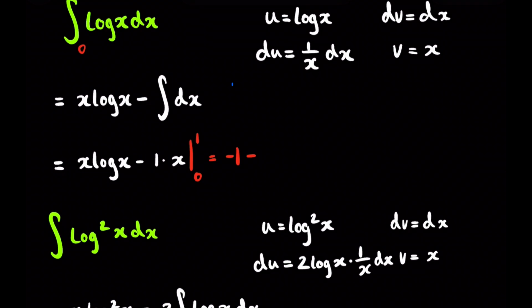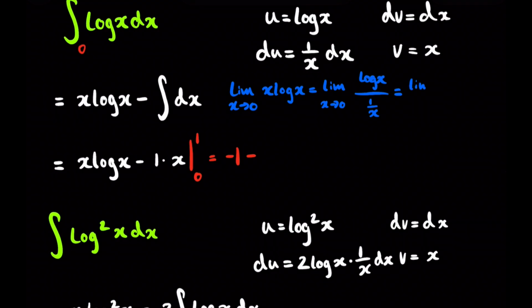But that results in an indeterminate of 0 times negative infinity. We need to evaluate the limit as x approaches 0 of x log x. And rewriting this, we have the limit as x approaches 0 of log x over 1 over x. And using L'Hopital's rule, we can take the derivative of the top and the bottom, and the limit should be the same.